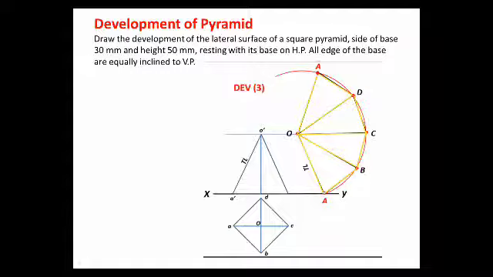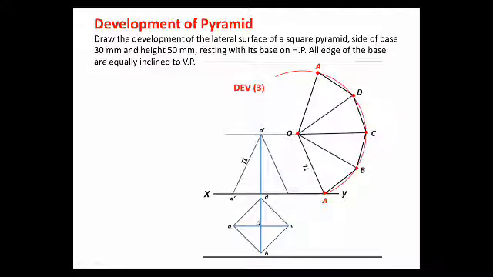Now the main focus for this problem is which lines are dark and which lines are faint. So the dark lines are the lines where we can get actual object, the present object, and the lines which are hidden, which are not visible, or the construction lines we are using for construction purpose only, all these are the faint lines.